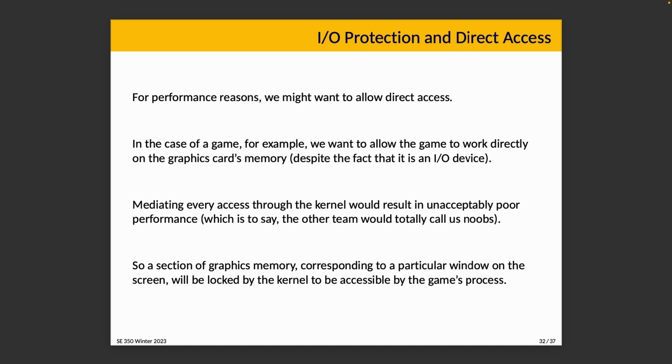A section of graphics memory corresponding to the window that is your game, and this may be a full screen game, which obviously would make it a little easier for the graphics card, is locked by the kernel to be accessible by the game's process directly as if it's its own memory, without having to mediate through the operating system.